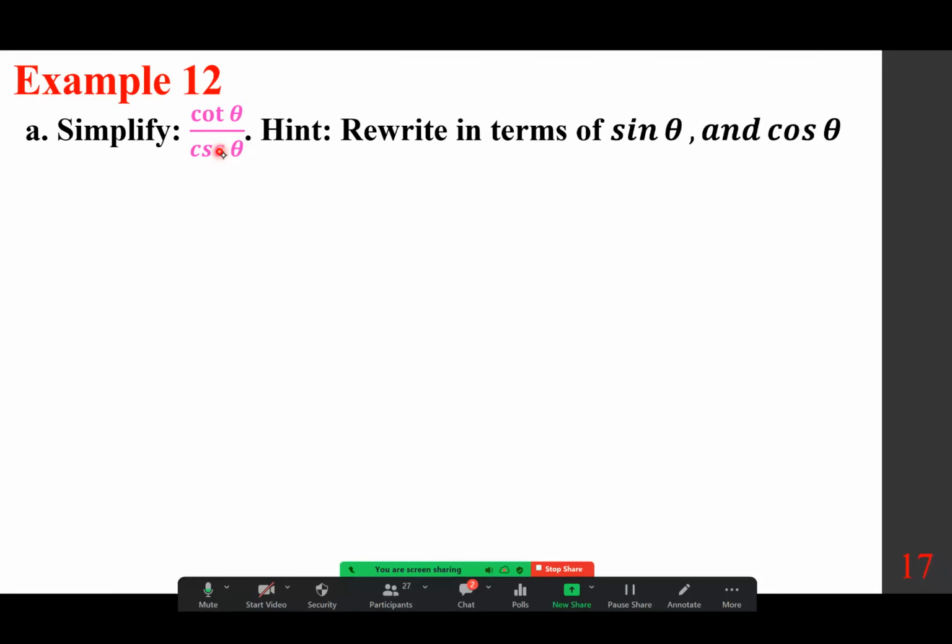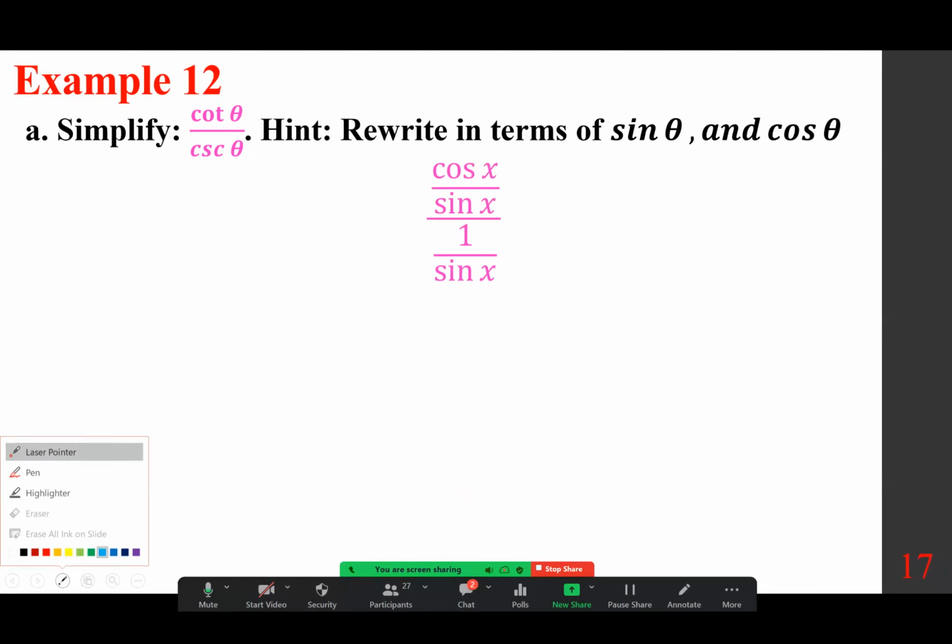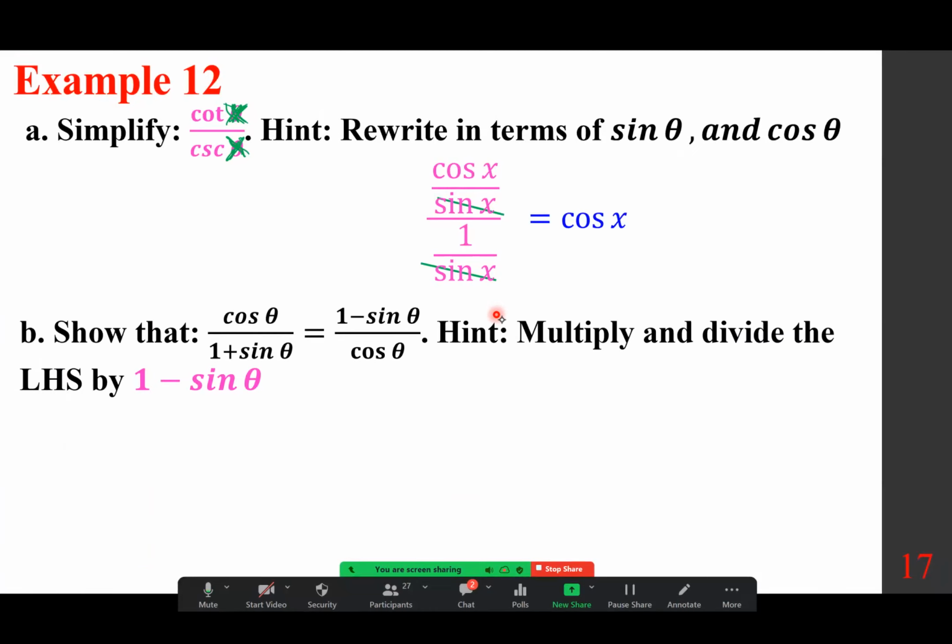And cosecant, we're going to write it as 1 over sine. By the way, whatever the variable, this is x. Now, you can multiply the top and the bottom by sine x, or you notice both of them are the denominators. You can drop them, and the final answer is cosine x, and that's the simplified version.